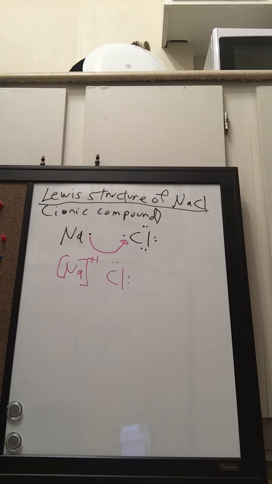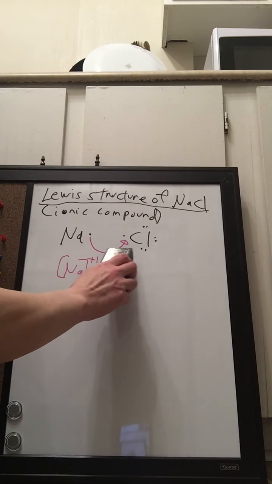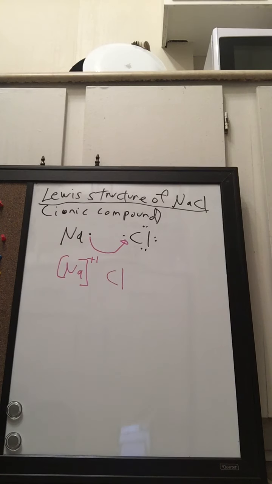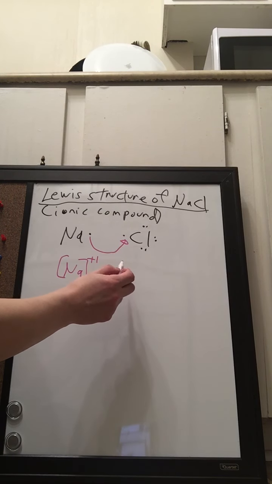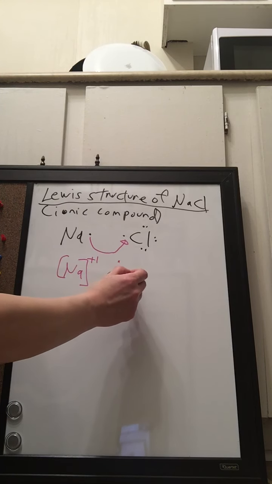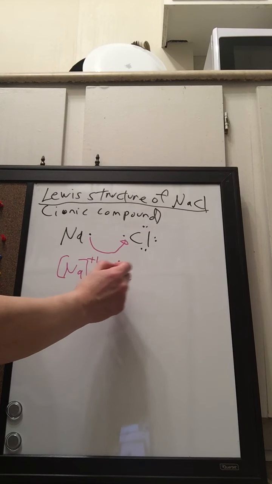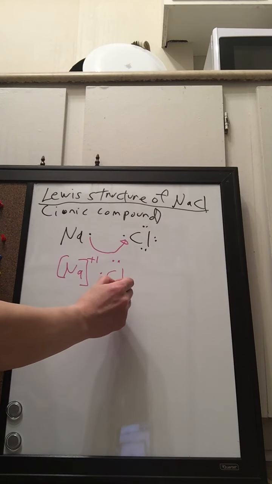Well, the way that I like to draw these, and I think it's kind of important because sometimes I see people who draw in the electrons, and I get frustrated because I don't want people to pick up bad habits. I like the proper way, I'm quite sure, to put the electron dots in, like this: 1, 2, 3, 4, 5, 6, 7, 8.